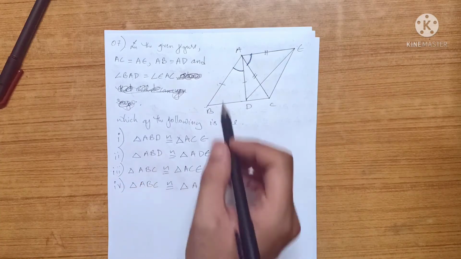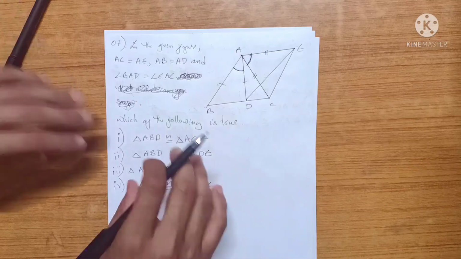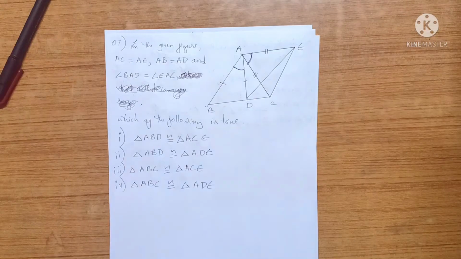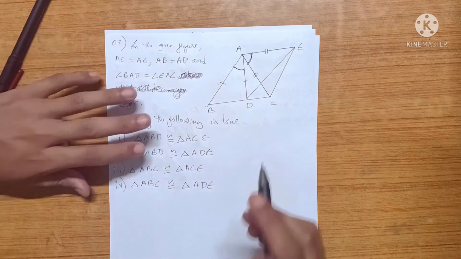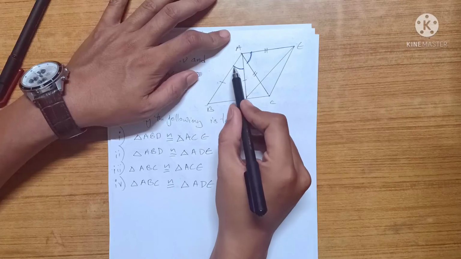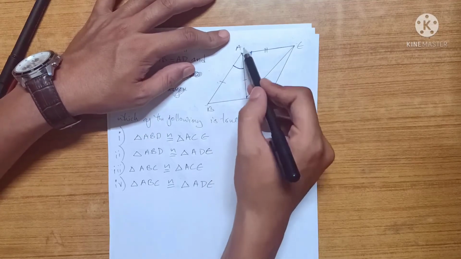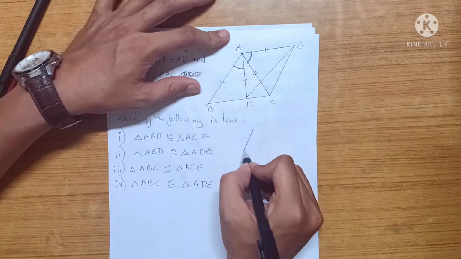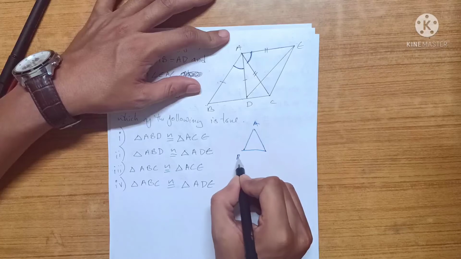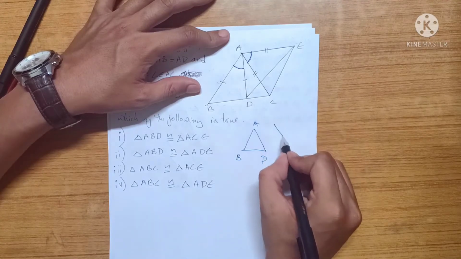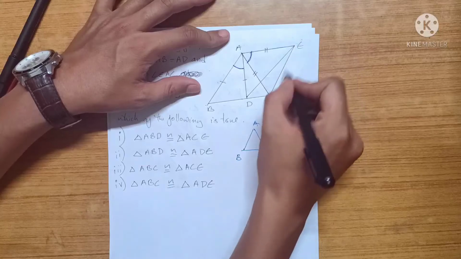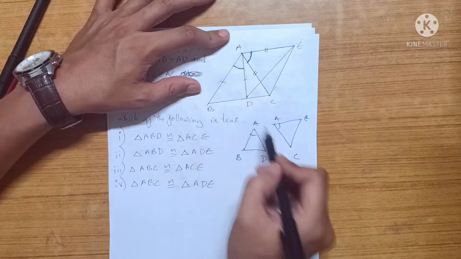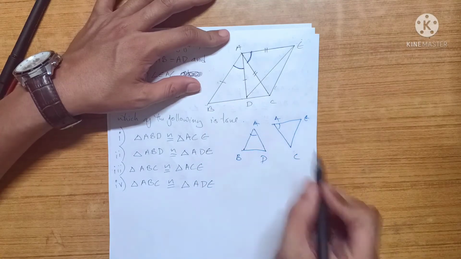Triangle ABD. Because the options we get are that 2 triangles are congruent here, let's first see which 2 triangles are congruent. We cannot say that this triangle and this triangle are congruent. If I draw this triangle ABD, and then that triangle AEC, we know that angle BAD and CAE are equal.